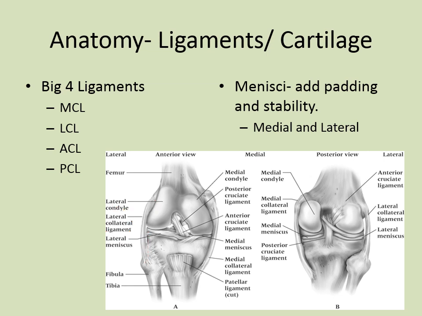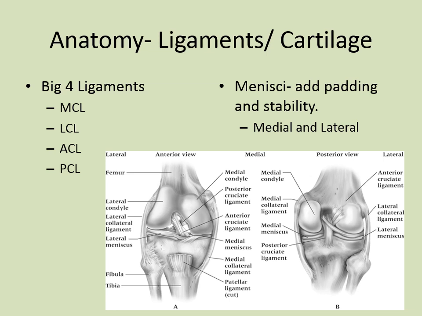So collateral is outside the knee joint. The collateral damage is outside the intended target. So collateral ligaments are outside the knee joint. The cruciate ligaments cross in the middle of the knee joint. Those are our main ligaments in the knee.